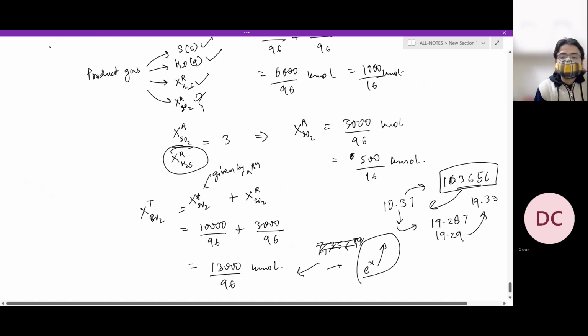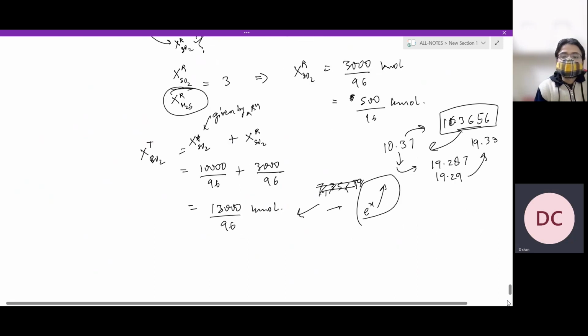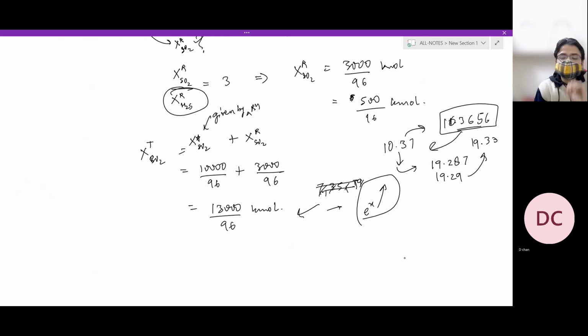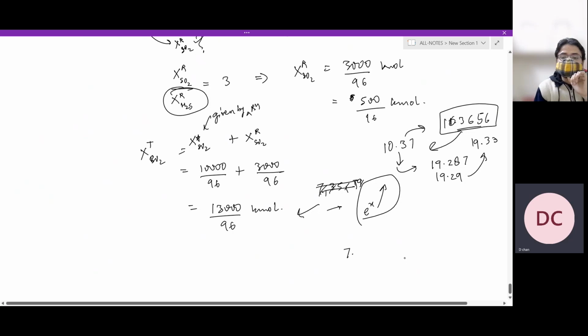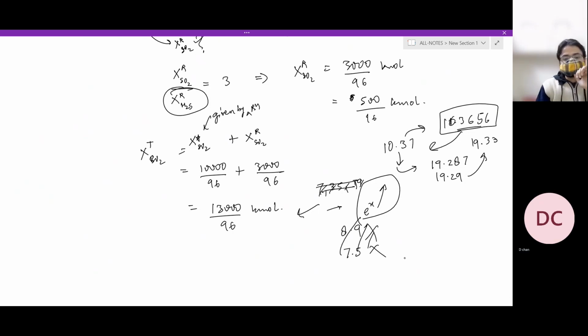In the end, if you are rounding off too much, you might report an answer of 7.5, but the actual answer is 8.9. So this is entirely wrong. Yes, sir. That's why it is best to always keep your answers as fractions so that they can be readily converted into decimals anytime you want.